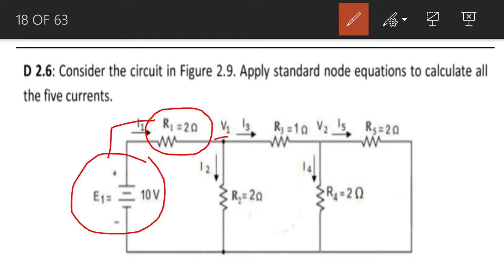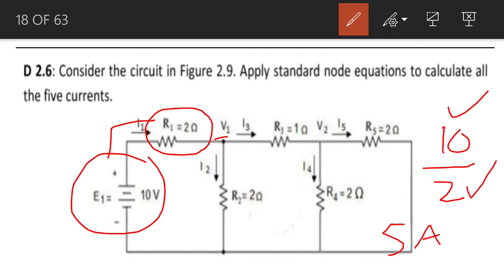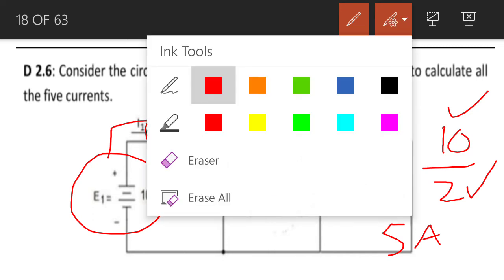So the voltage of the voltage source connected to the first node divided by the resistance of the series resistor will give you Ig1. So Ig1 will be equal to 5 ampere, right? We divide the voltage of this source by the resistance of the resistor that is in series with it. So Ig1 is 5 ampere.